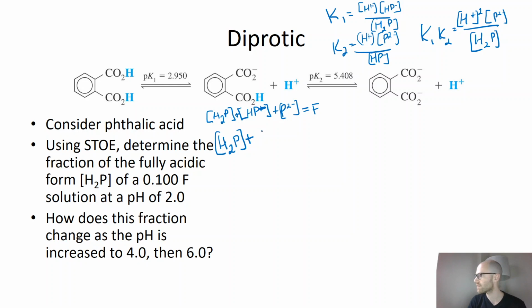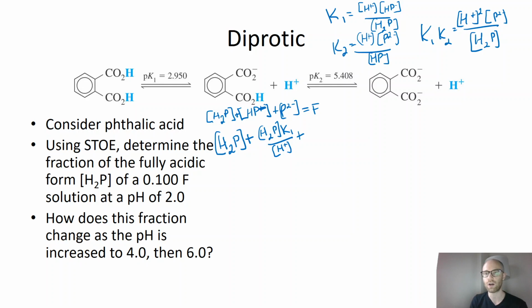That should give us H2P times K1 over H plus. And then for the second one, we want to put P2 minus in terms of H2P.